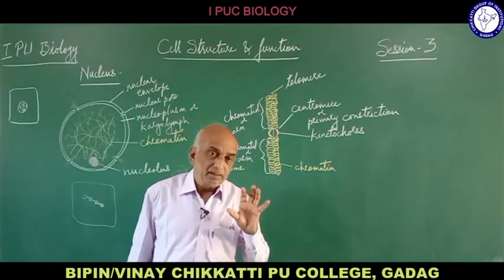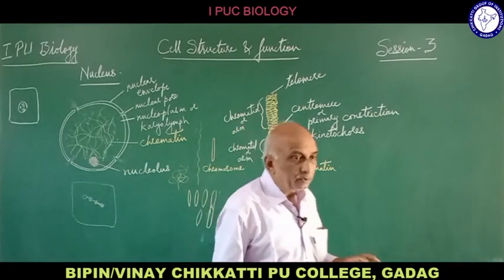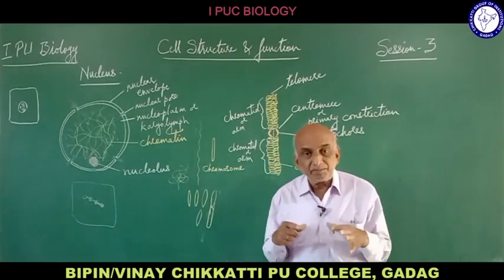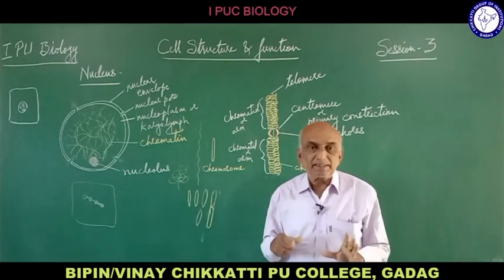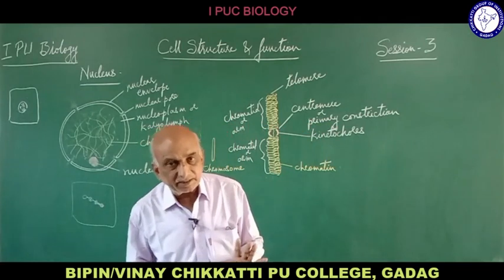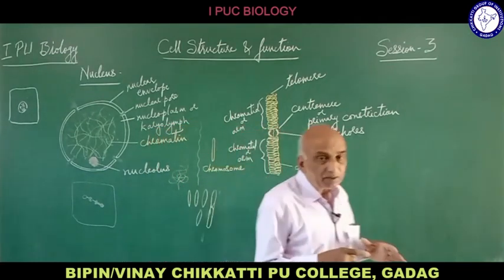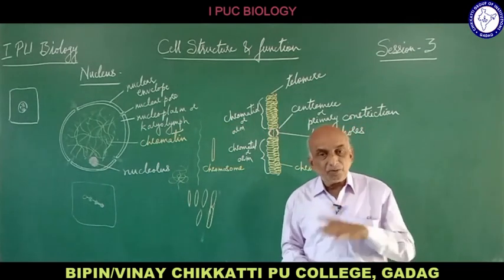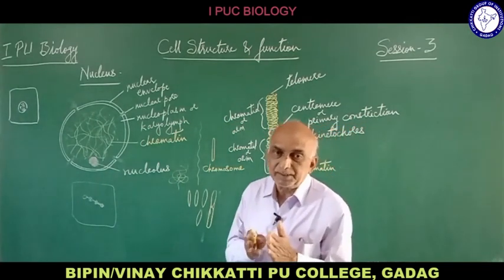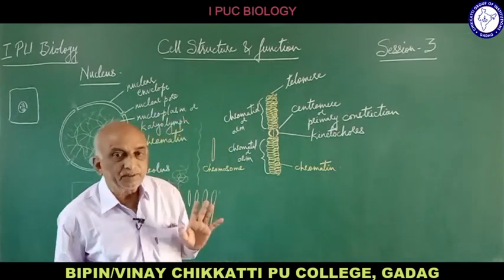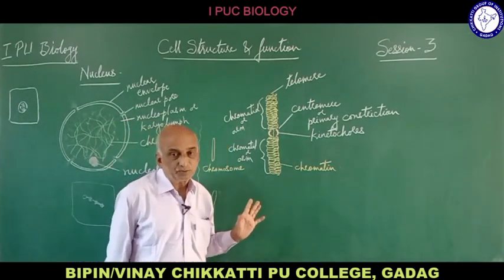Whenever two chromosomes are similar, they resemble in size, shape and all other characteristics. Such chromosomes are called homologous chromosomes. Homologous chromosomes will pair among themselves. The pairing of the chromosomes is seen only between homologous chromosomes.